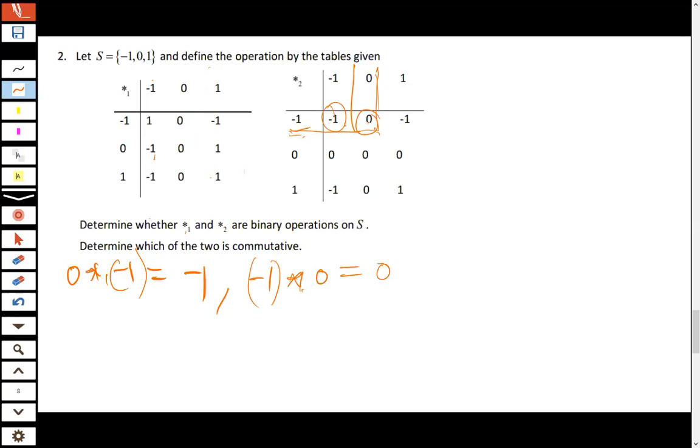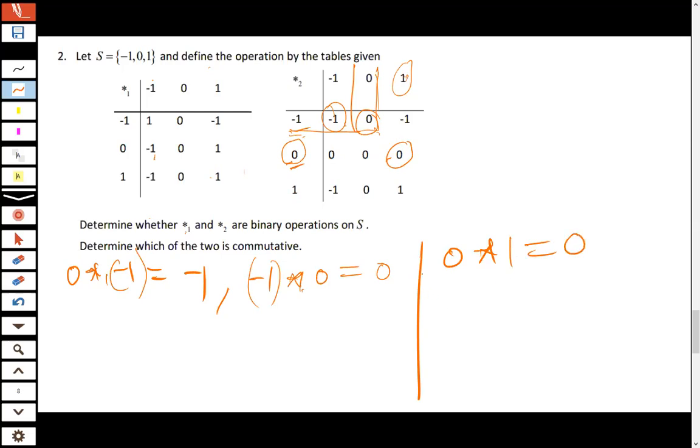Okay, let's move on. We have 0 star 1, the answer is 0.